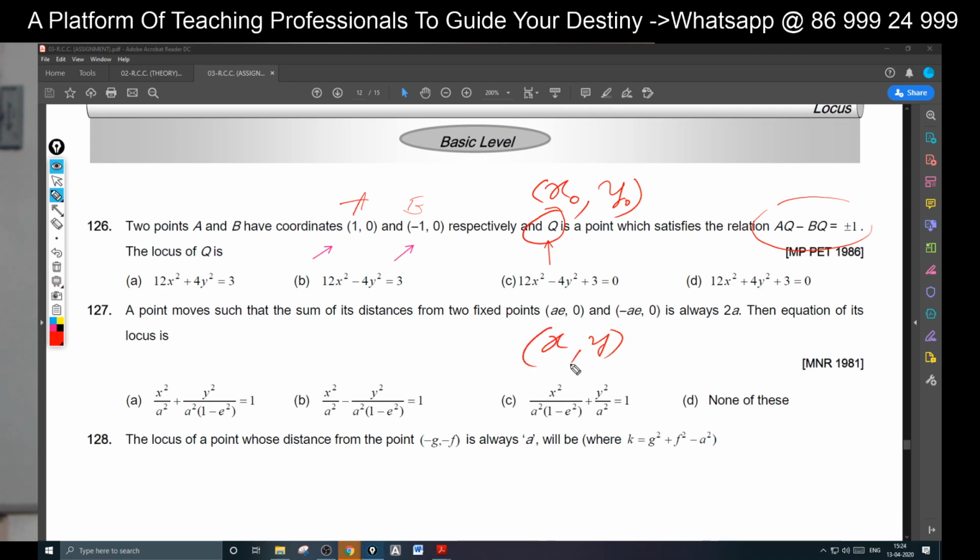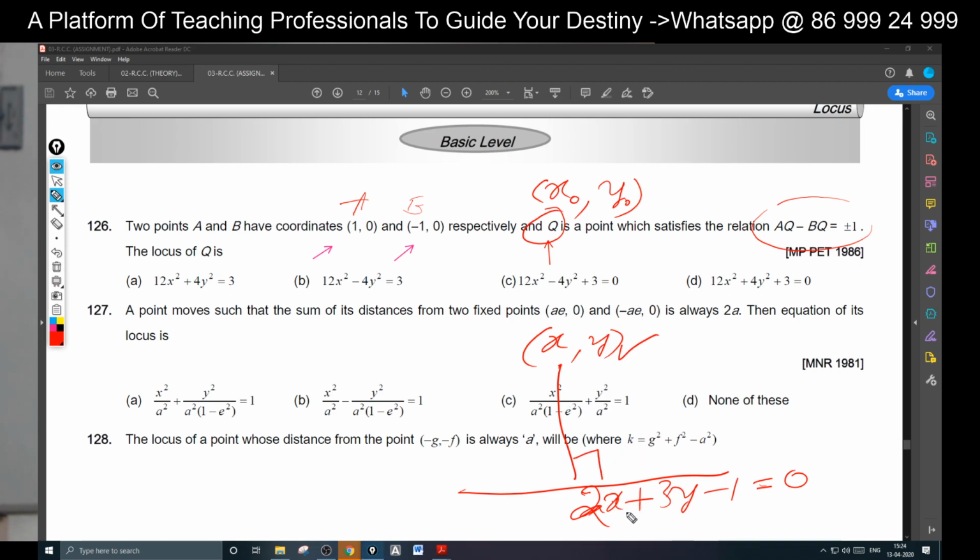There's no problem in it, but sometimes students get confused when you take the point as (x, y). For example, you have taken the point as (x, y) and you will have to find the perpendicular distance from a line 2x plus 3y minus 1 equal to 0. Where you get confusion, that's what I'm saying. Even if you take it as (x, y) also, there is no problem, but you must not get confused here.